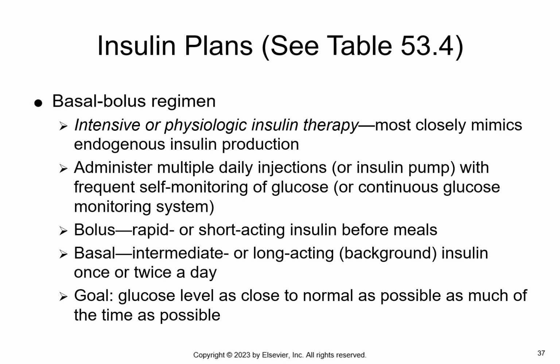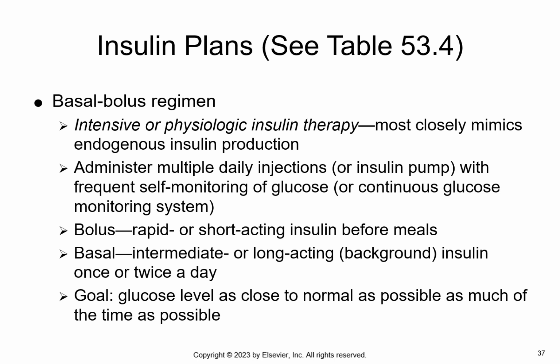It consists of multiple daily insulin injections or an insulin pump together with frequent blood glucose monitoring or continuous glucose monitoring. Injections include rapid or short-acting bolus insulin before meals and intermediate or long-acting basal background insulin once or twice a day.